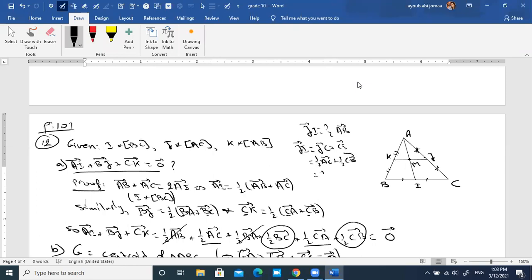Take half in common, so it is half AB. Now, JI is equal to half AB, which is AK. Then AJIK is a parallelogram. Diagonals in a parallelogram bisect each other. That means that M is the midpoint of AI. That's all.